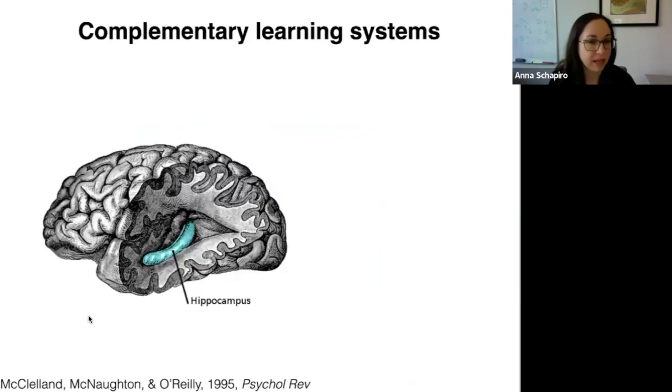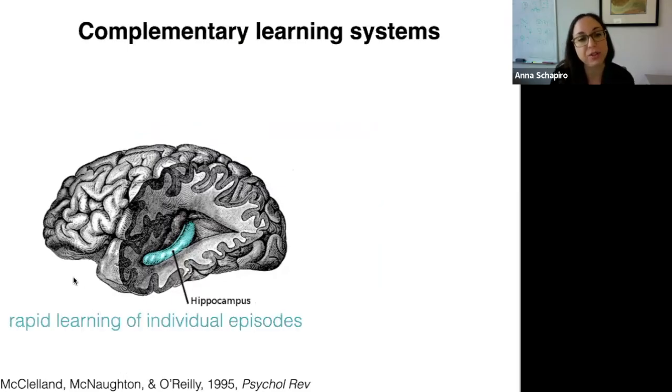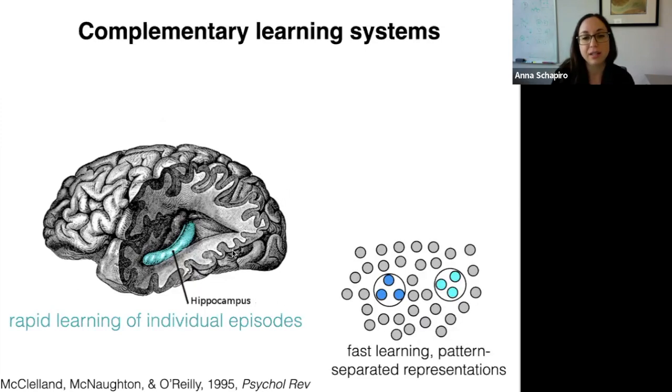One elegant solution to this problem was proposed by the complementary learning systems theory, which said, okay, you shouldn't try to learn the new and the old stuff in the same neural populations. You should have this buffer where you encode new information in the hippocampus using pattern-separated representations that avoid interference amongst those new experiences.